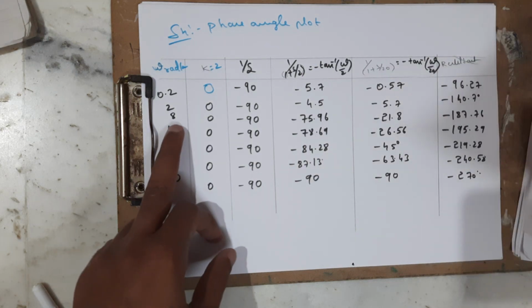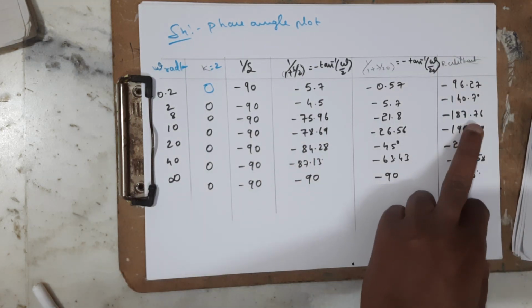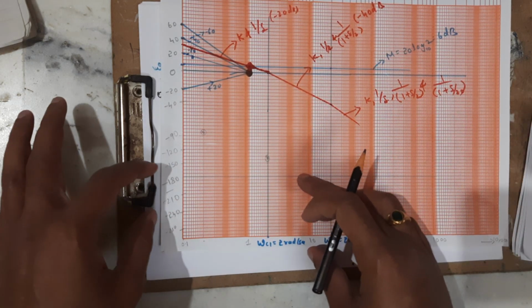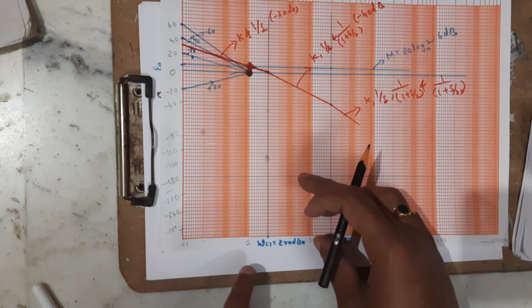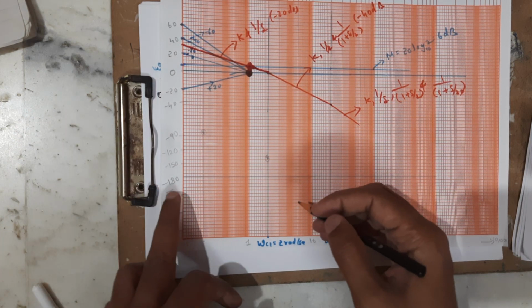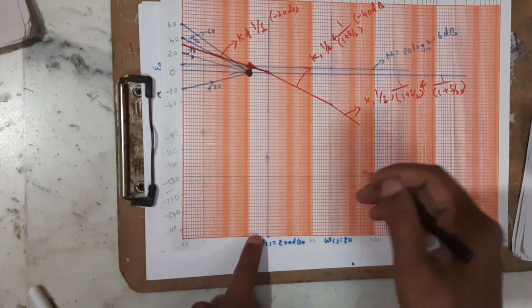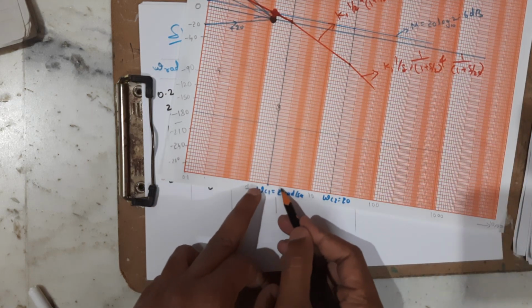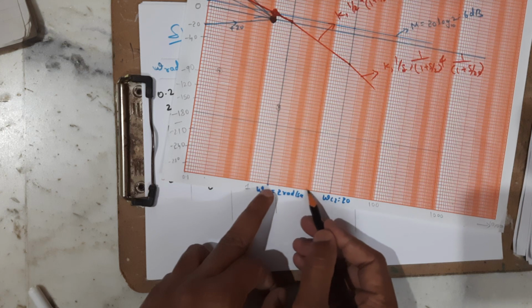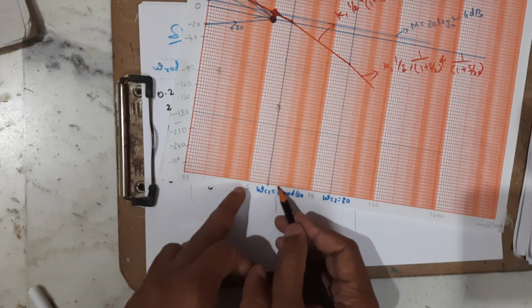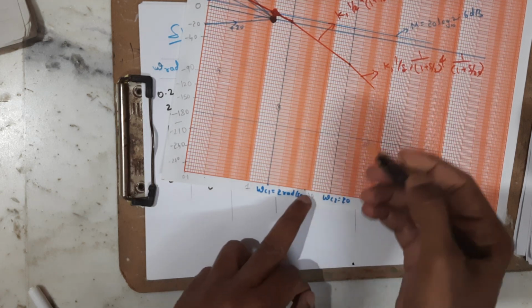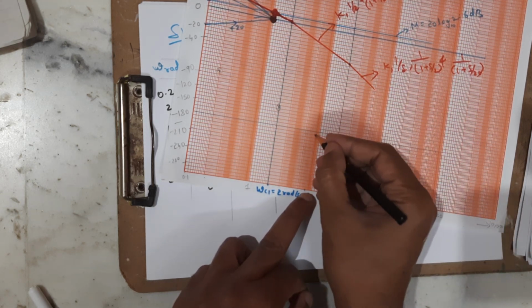Next, when it is 8 radians per second, it is minus 187, so somewhere here.